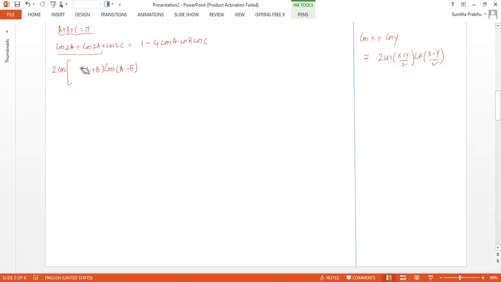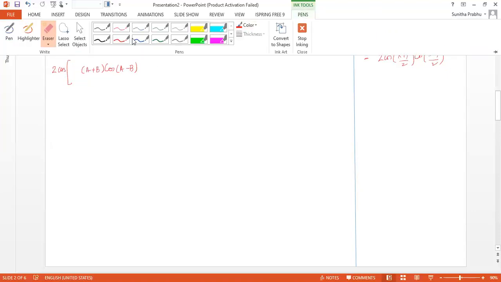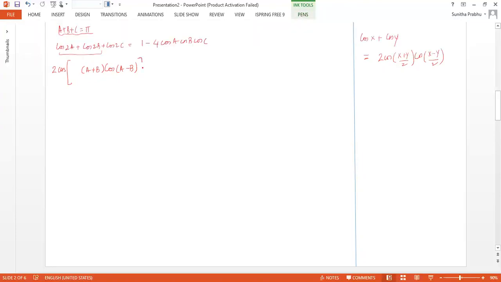Plus cos 2c. Then before I decide what to do with this, we'll try to massage inside.